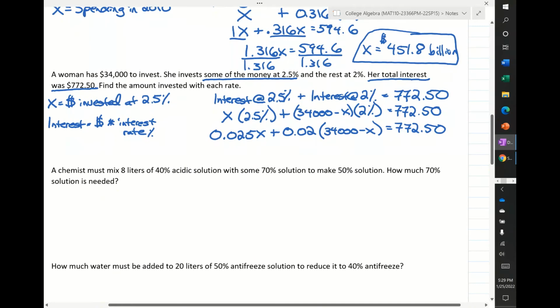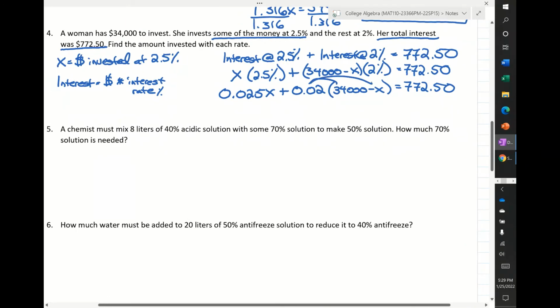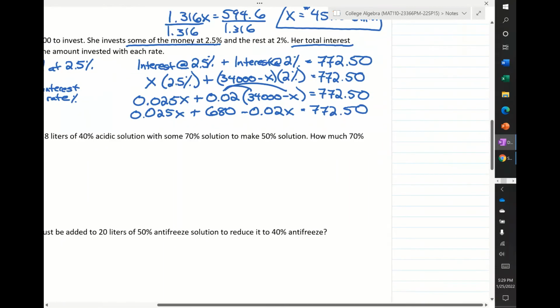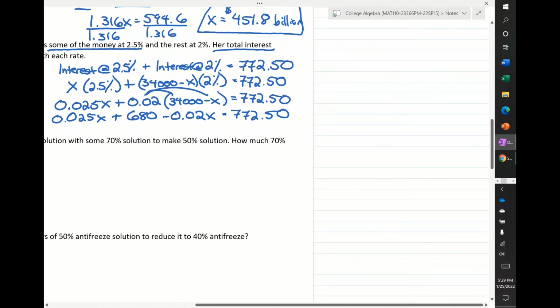We'll have to distribute the 0.02 here. If we distribute that, we get 680 minus 0.02x is equal to 772.50. I'll finish that on the side. I'm having a little out of room here.